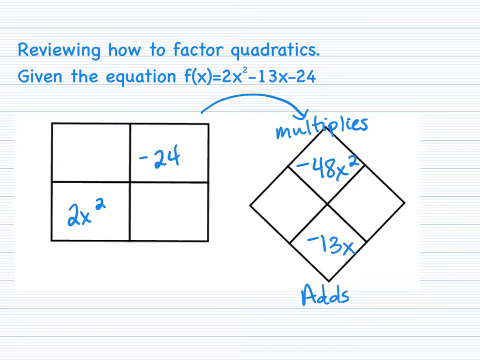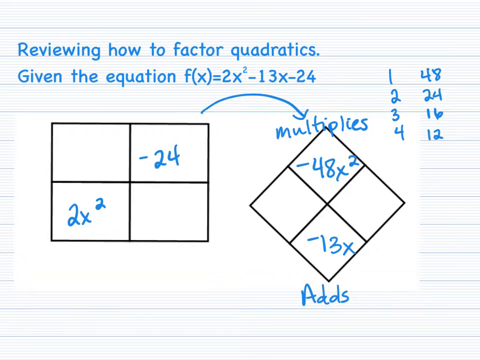So if we don't know what that is, we need to factor the top number. So we start with 1 and 48. 48 divided by 2 is 24. 48 divided by 3 is 16. Yep, 16. 48 divided by 4 is 12.